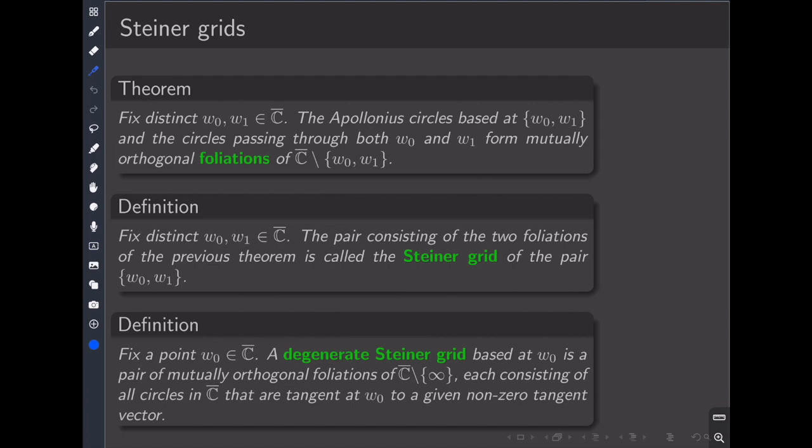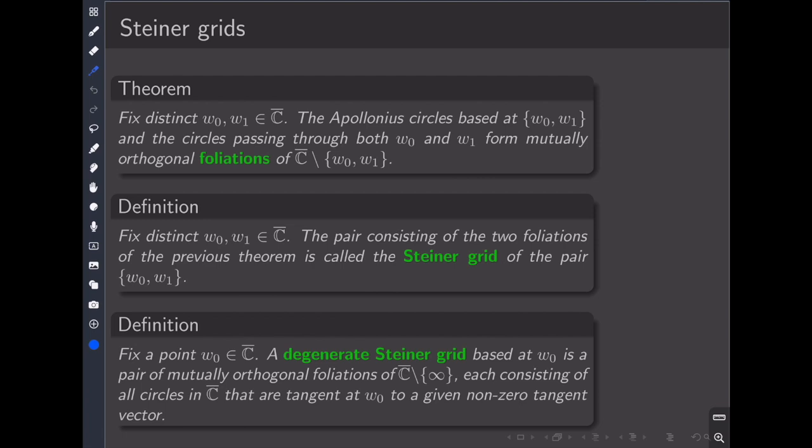Right, and then remember that yesterday, in every situation, we had 2 families of curves. So now, if I give you 2 distinct points in C bar, we have one family, the family of Apollonius circles, and this family again foliates C bar minus the 2 points.